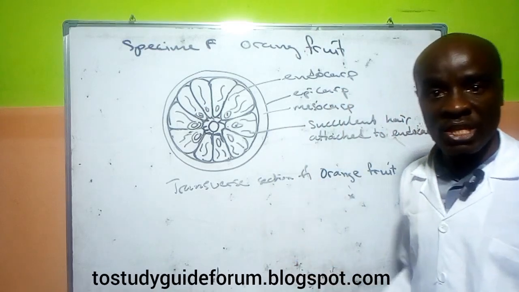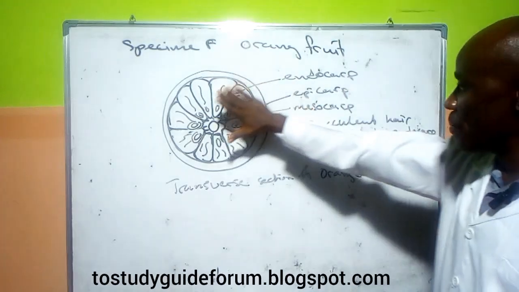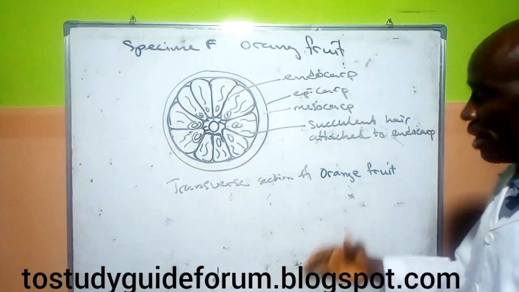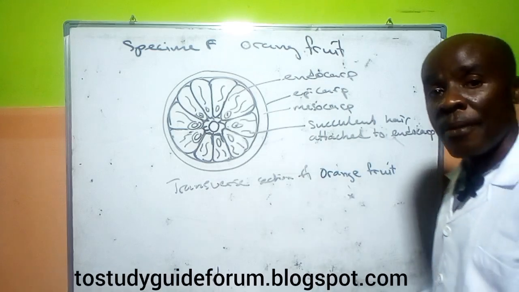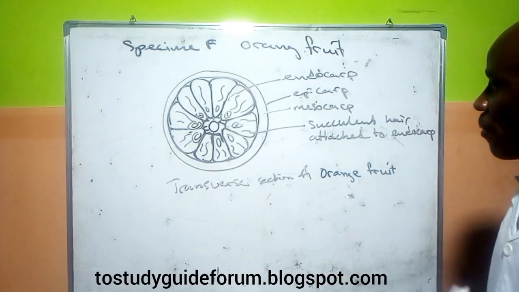So in this transverse section of the orange, you can see the picture of what you have. Now orange fruit is a type of berry fruit.